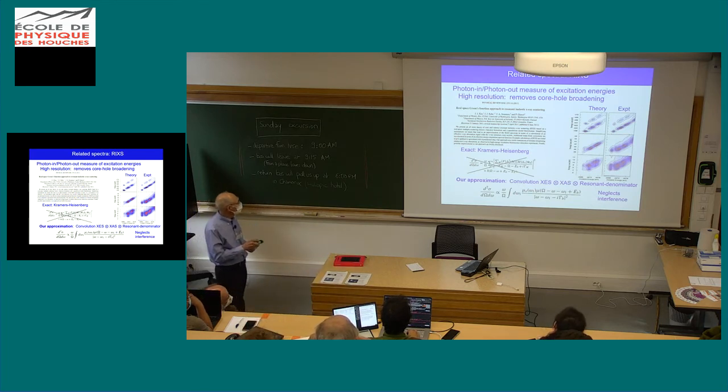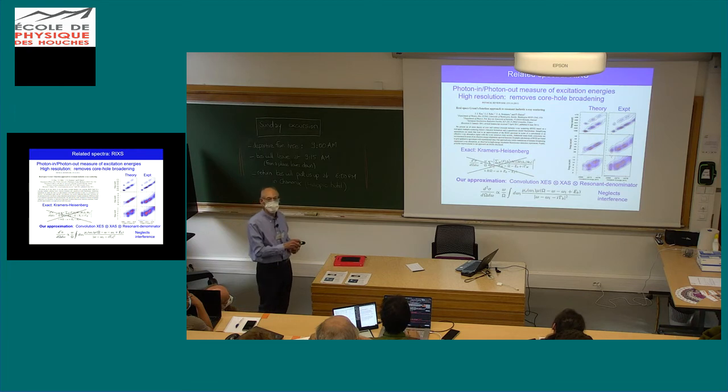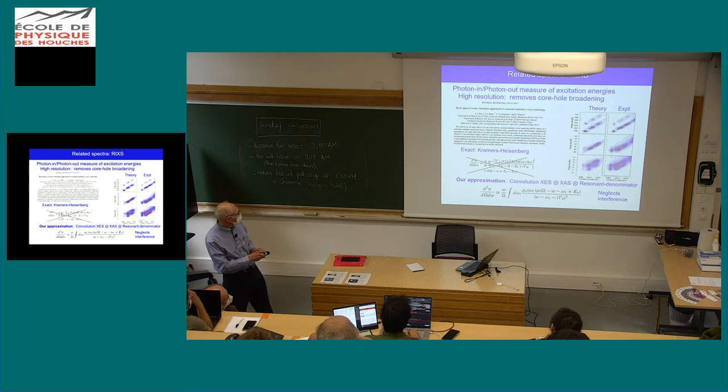What we've done is to ignore the interference terms, at our own peril. But when you do that, it turns into this beautiful expression, which is essentially the convolution between the emission spectrum, an absorption spectrum, and a resonant denominator. And you calculate these just with FEFF independently, one theory, one experiment.